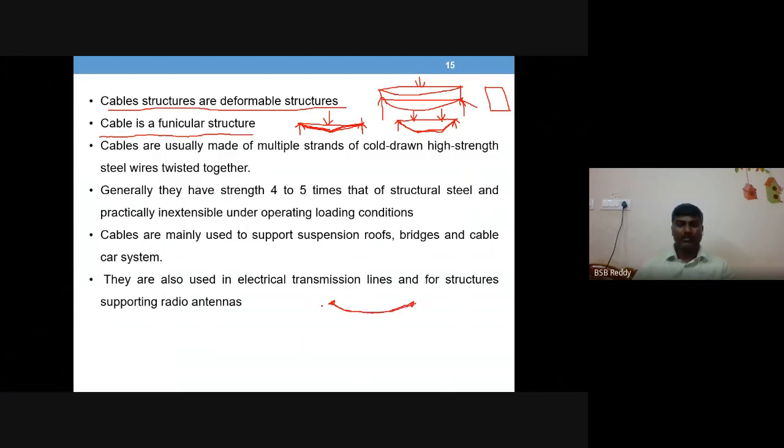So no load at all. So this is a cable. Okay, I have just kept it between two supports. Now if you try to load this one, what is going to happen? It is going to behave like this.